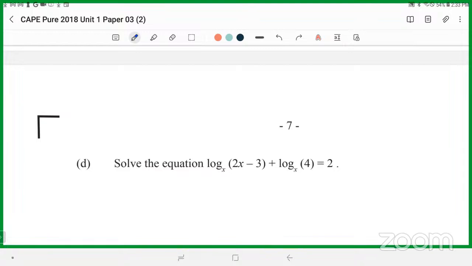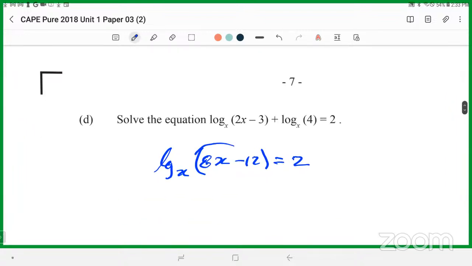When the base is the same, adding logs becomes the log of the product of the same base. So this becomes the log to base x of this times 4. Multiplying them, it becomes 4 times all of that. The 4 times 2 is 8 and the 4 times 3 is 12. So I'm going to get 8x minus 12, all of that equals 2.